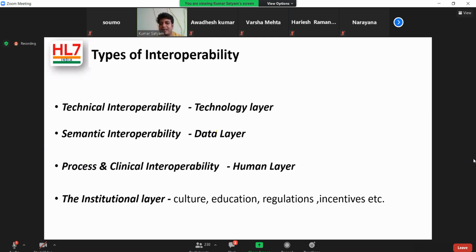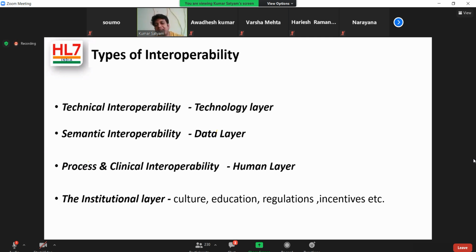If technology is broken, nothing works, right? But if technology is there and the data layer is broken, then you might send the data, but the other party cannot understand it. In the clinical and process layer, even if the data is there in a meaningful way, if the clinician and the process do not allow you to understand and use that data, then the interoperability is of no use, right?